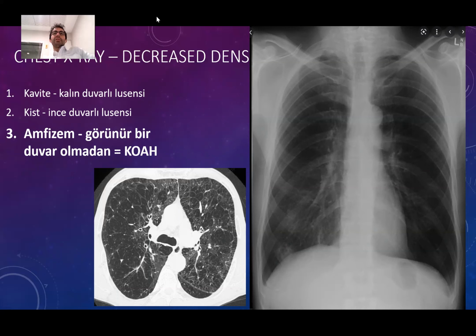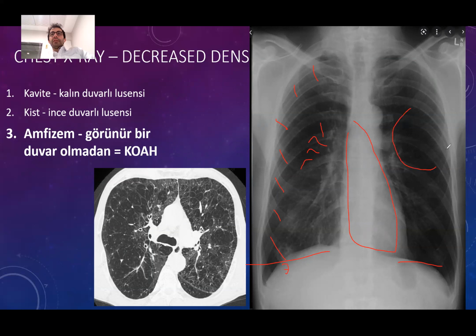What I can do is count the ribs, right? 1, 2, 3, 4, 5, 6, 7. So there is increased lucency here. The heart is drop shaped. I'm not seeing a regular heart. The diaphragm is pretty much flat. And the lung markings, I see lung markings in the center, and they usually reach to the periphery.